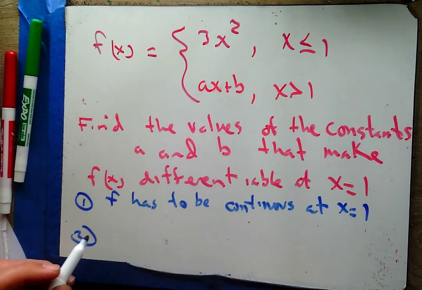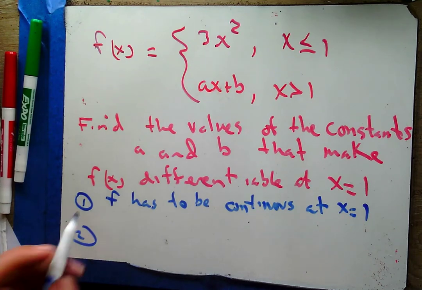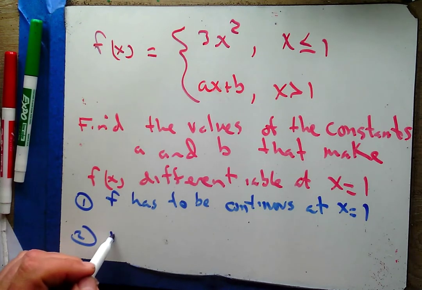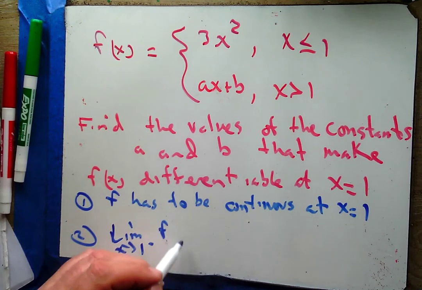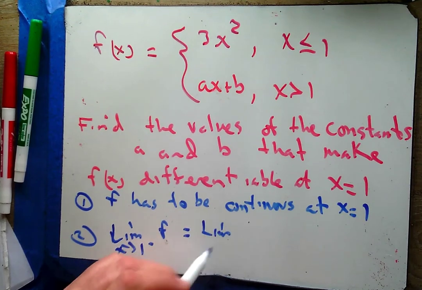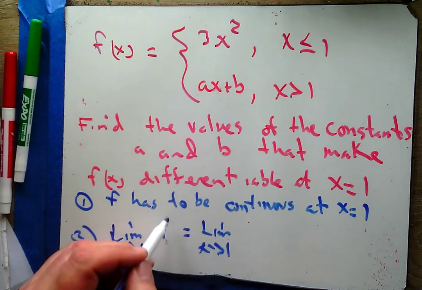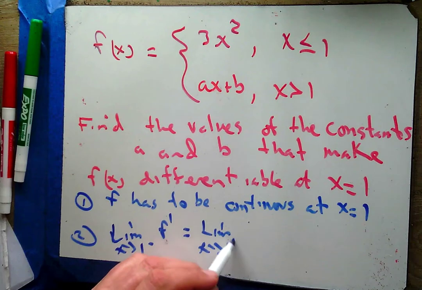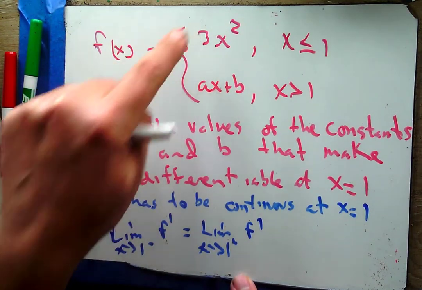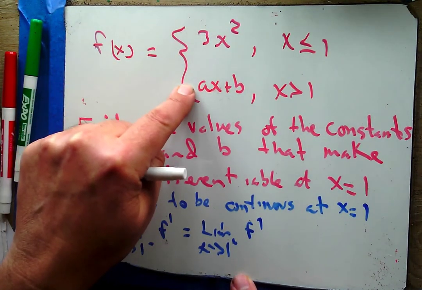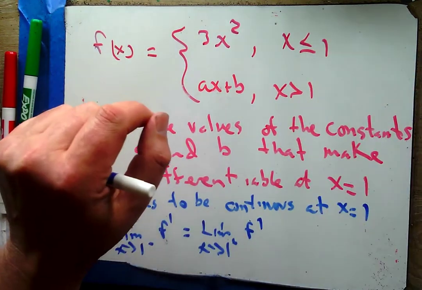And 2, we know that the limit as x approaches 1 from the negative side needs to equal the limit as x approaches 1 from the positive side. Not of the function, but of the slopes of the function, of f prime. So I need the limit of the slopes to be the same from both sides. Said a different way, the derivative of this should equal the derivative of this at x equals 1.